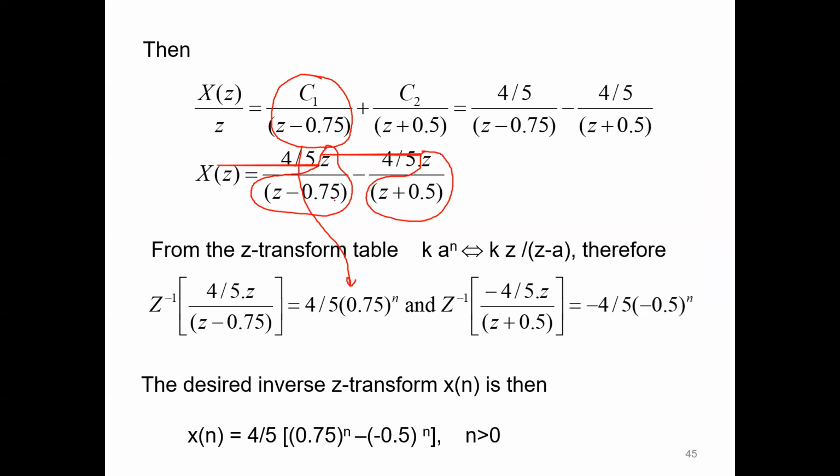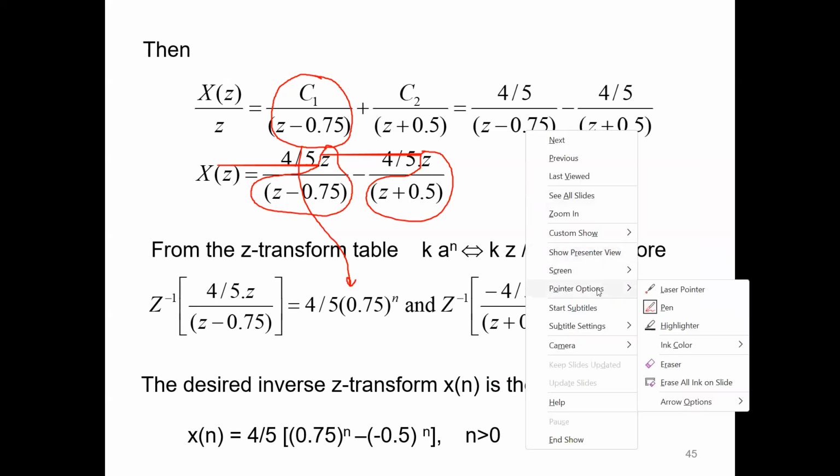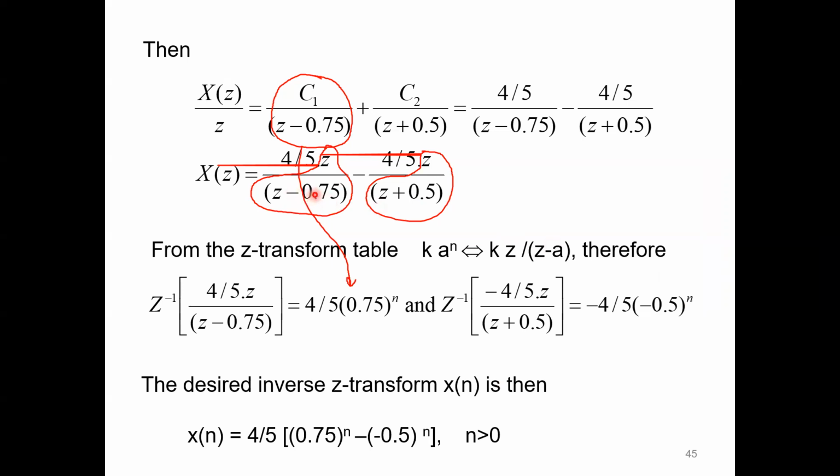And in the first case, it is 0.75. In the second case, it is minus 0.5. And then you raise that to the power n over here and here. So remember that.